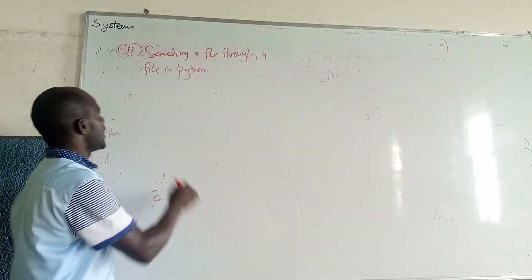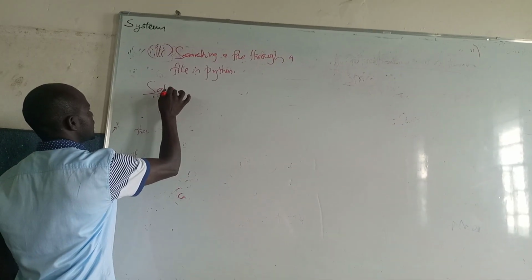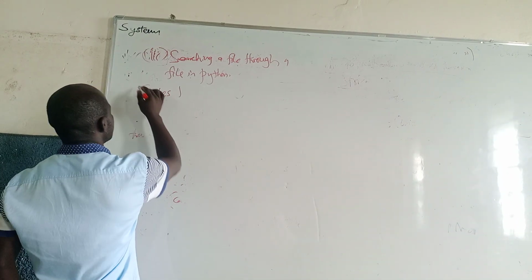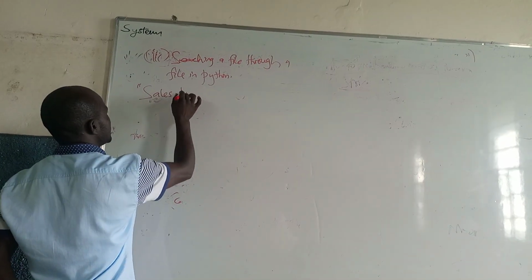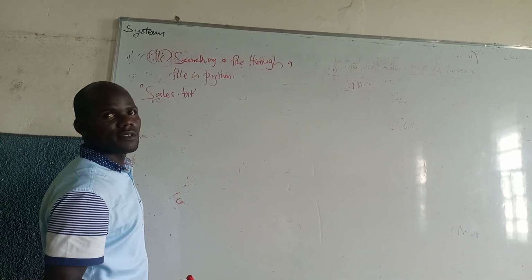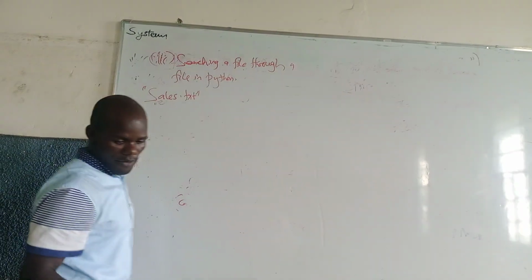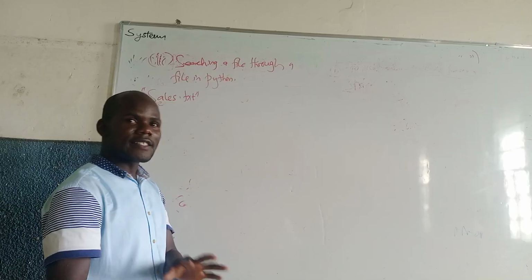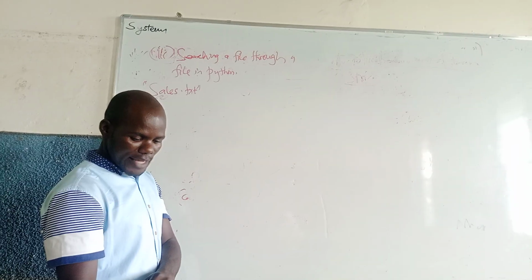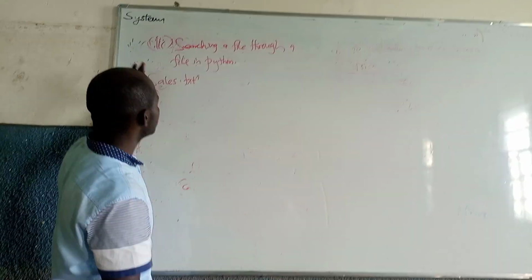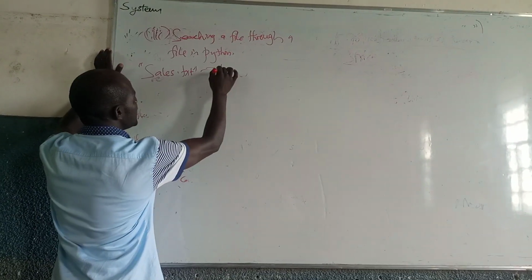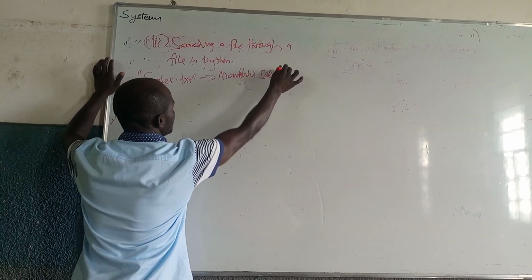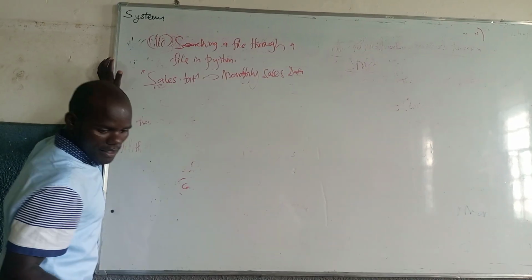I have sales.txt, assuming that this is our file, which contains the monthly sales data of items.